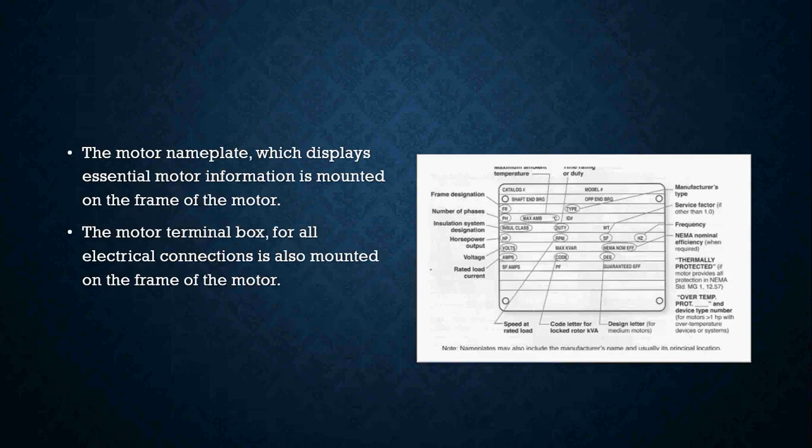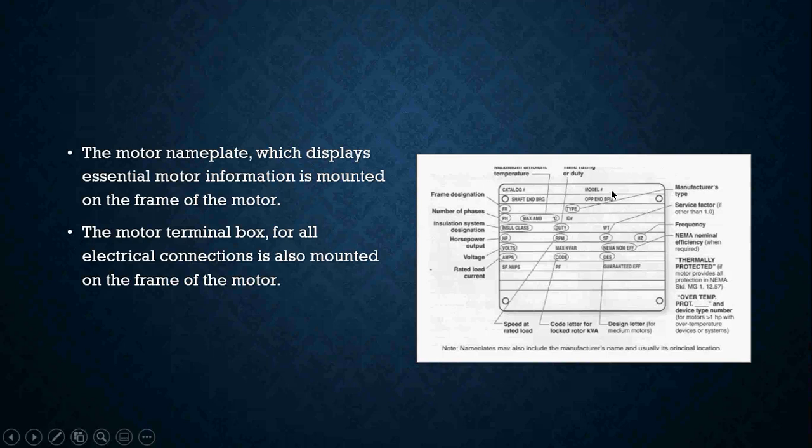All right. When we are looking at a motor nameplate, this really gives us an idea of what type of motor we're dealing with. It gives us its operating voltage. It's going to tell us our horsepower. It's going to tell us the type of phasing, or the number of phases, the motor is going to operate at.